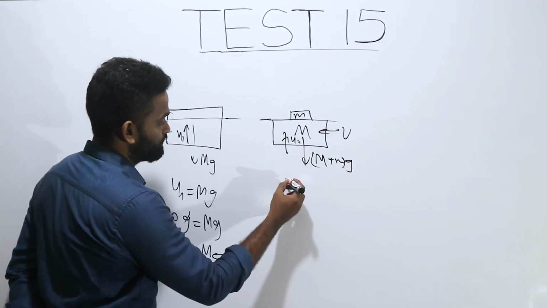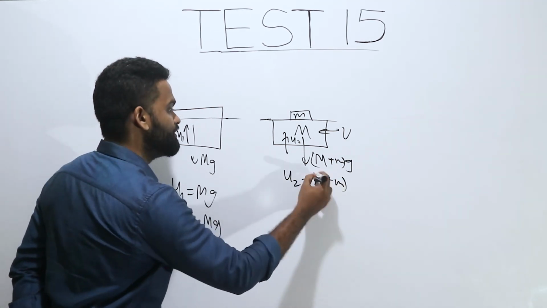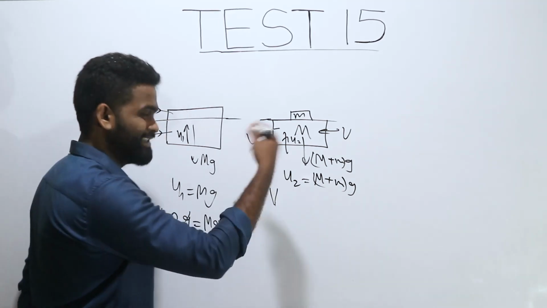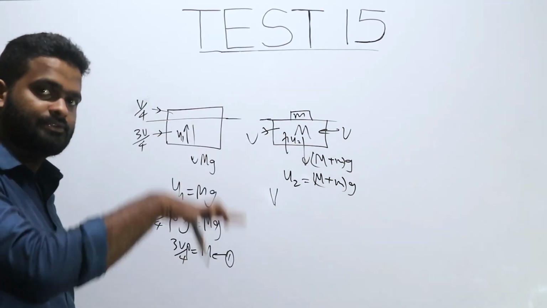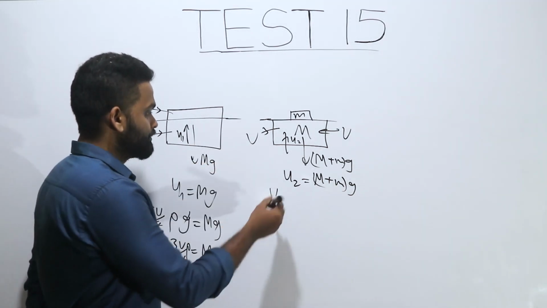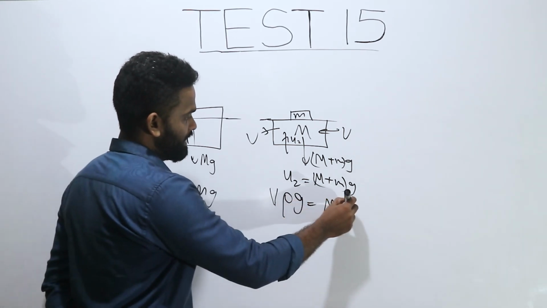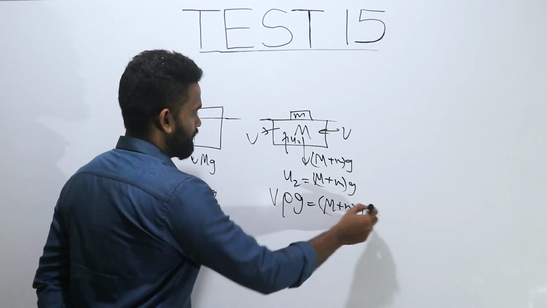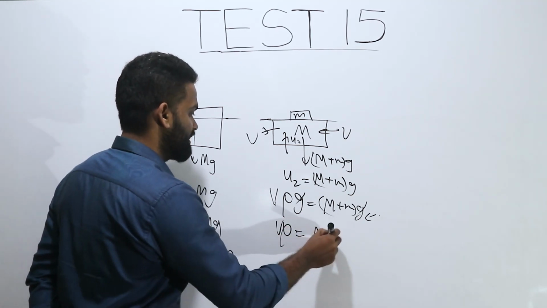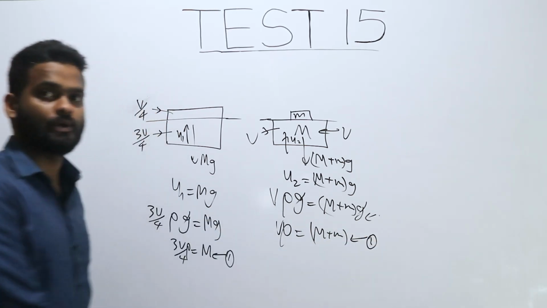Upthrust, let's say U2, so U2 equals (m plus M)g. The displaced volume is now V, since the whole thing has sunk, capital M has completely sunk. So V rho g equals (m plus M)g. I'll cancel g, then V rho equals m plus M. So that is the second equation.